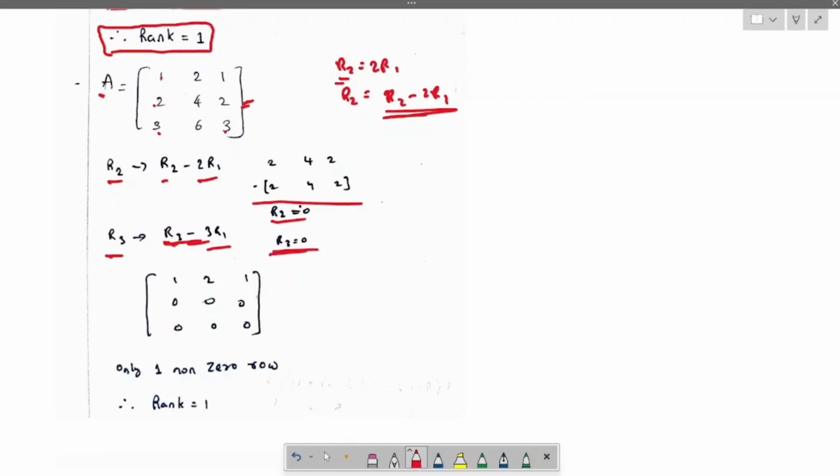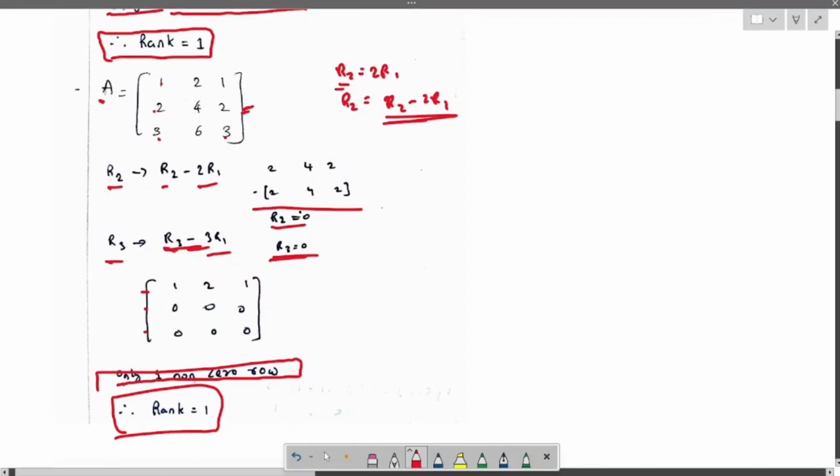Now keep the first row 1, 2, 1 the same as it is in the matrix. After changing, row 2 and row 3 completely become 0. So only one non-zero row is left, right? That's why our rank is 1. This is how the rank will be.